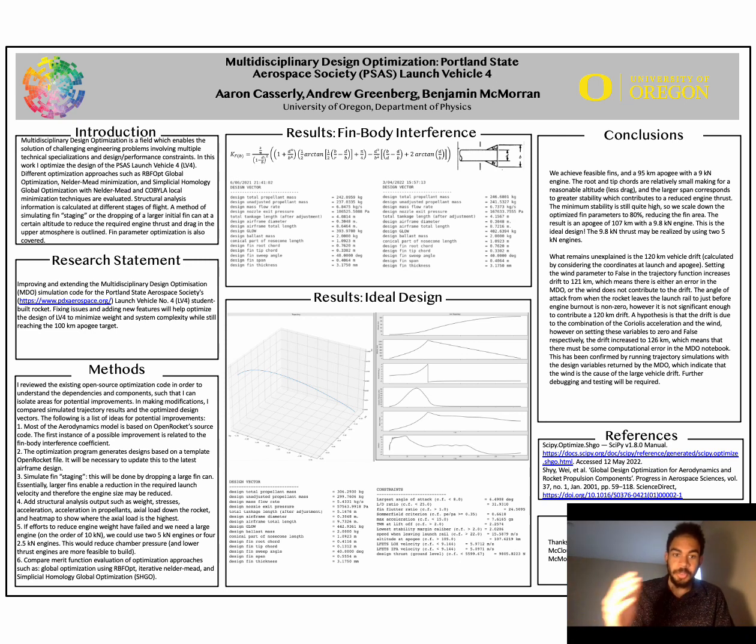And I also ended up converging on the ideal design. And so I did that first by achieving feasible fins and a 95 kilometer apogee with a 9 kilonewton engine.